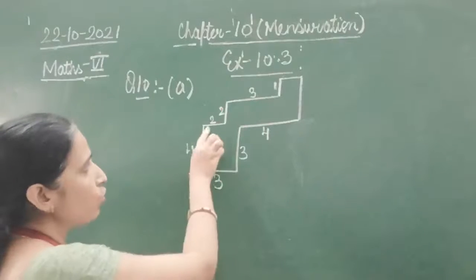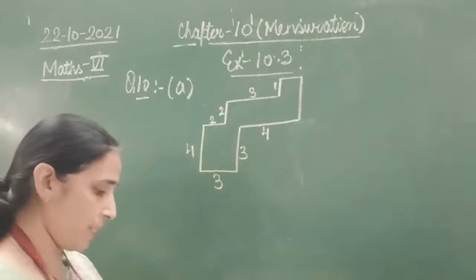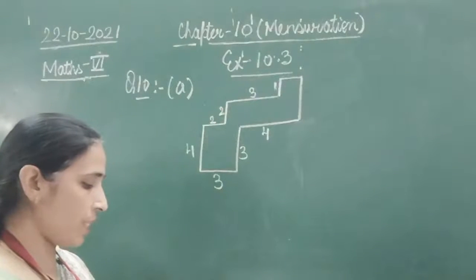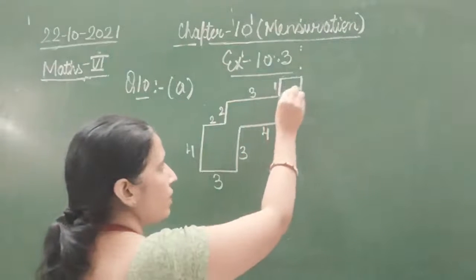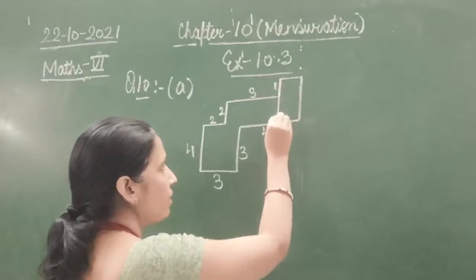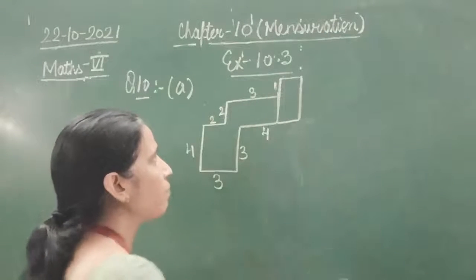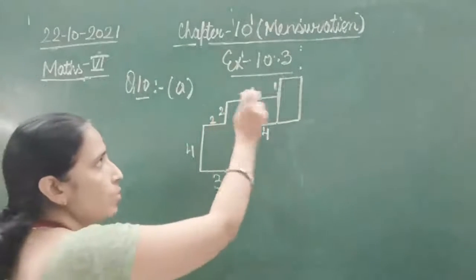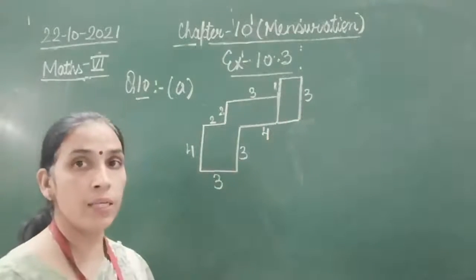Now if I join this rectangle, like this one which is given to me, I can find one of the rectangles here. If I join from here, we will get this rectangle: 2 plus 1, this length will be 3 and the width will be 1.